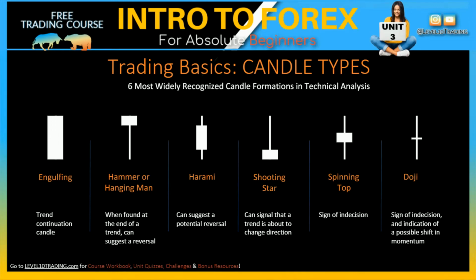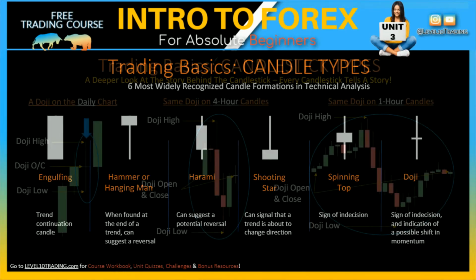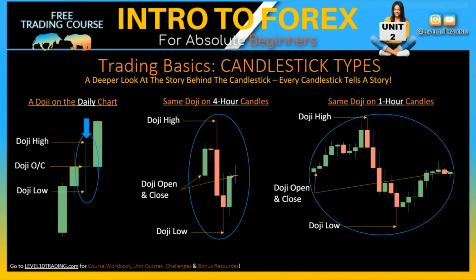So even if one of your confirmations to enter a trade, or some other indication that your bias is correct, is a candle, when you are into trade analysis, what I would implore you to do, and this will set you well above other traders, is right out of the gate start telling the story of what the particular candle is doing.